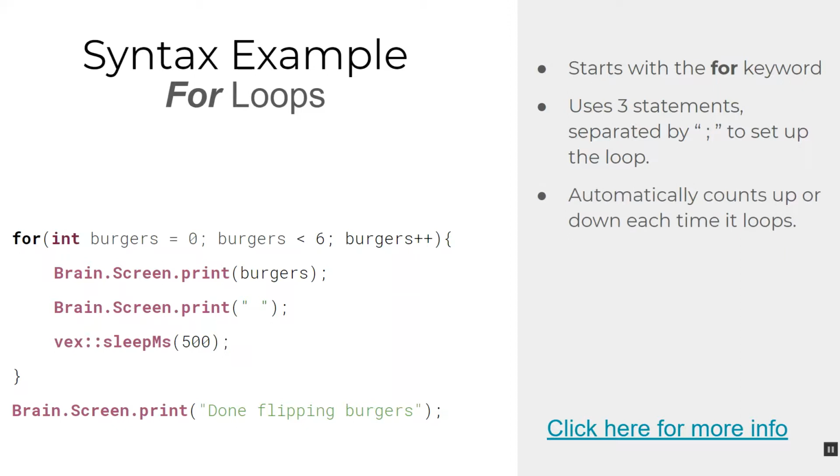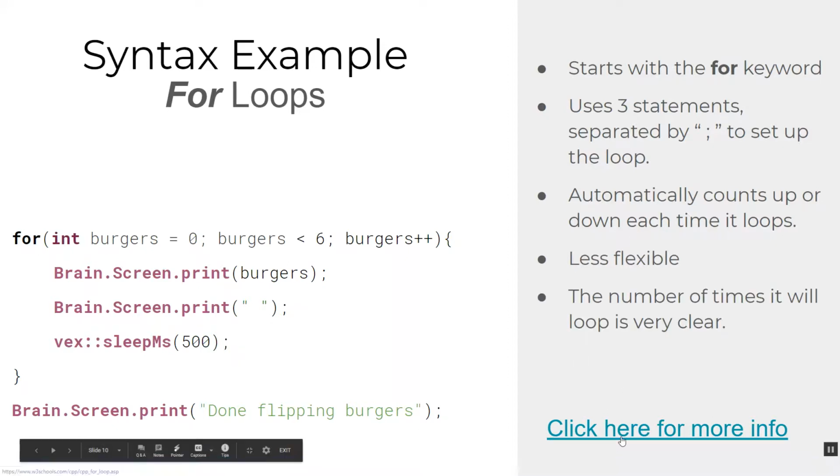Then we automatically count up or down, or in a variety of different manners, based on the condition. In this case, we're using burgers plus plus, which is shorthand for burgers add 1. It is less flexible because you have to have all these different special syntaxes inside.